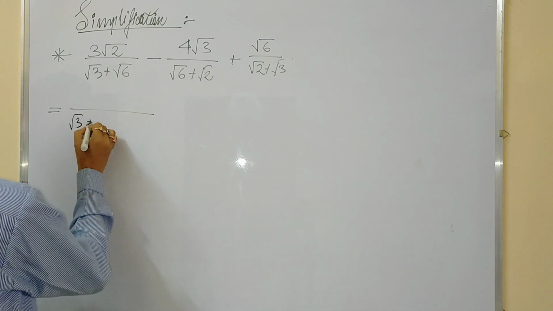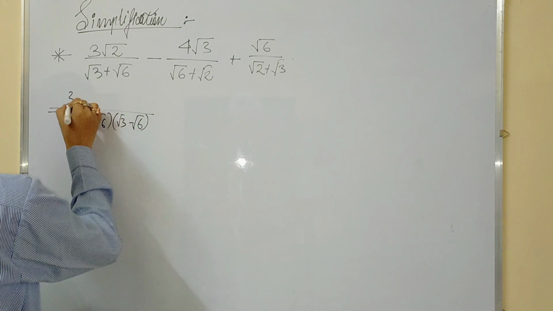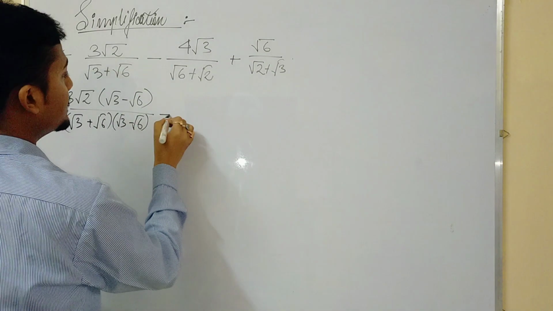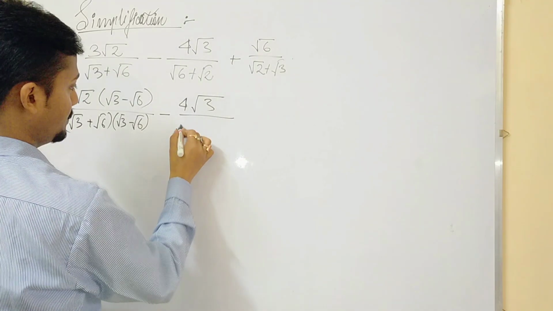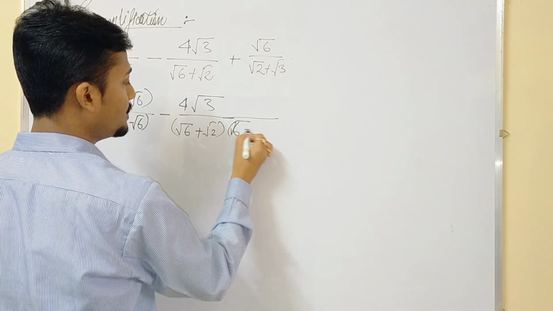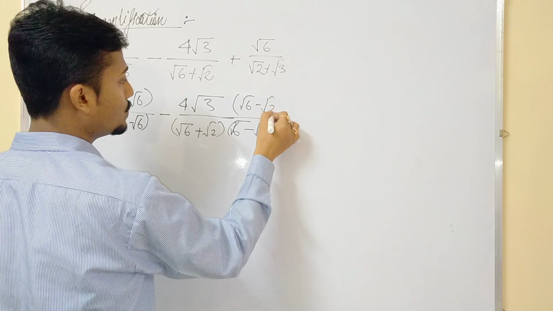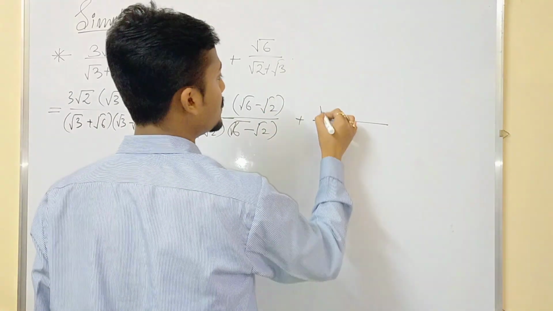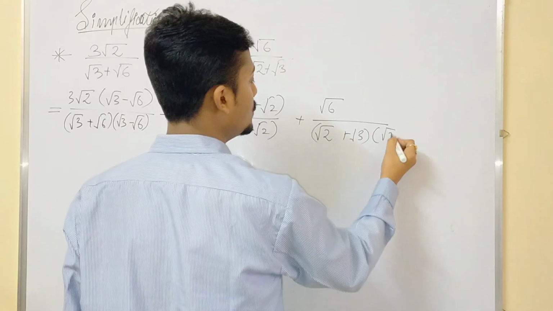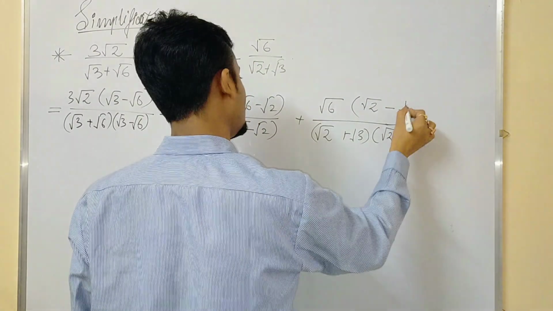So root 3 plus root 6 into root 3 minus root 6; 3 root 2 into root 3 minus root 6 minus 4 root 3 into root 6 plus root 2 into root 6 minus root 2; plus root 6 into root 2 plus root 3 into root 2 minus root 3.